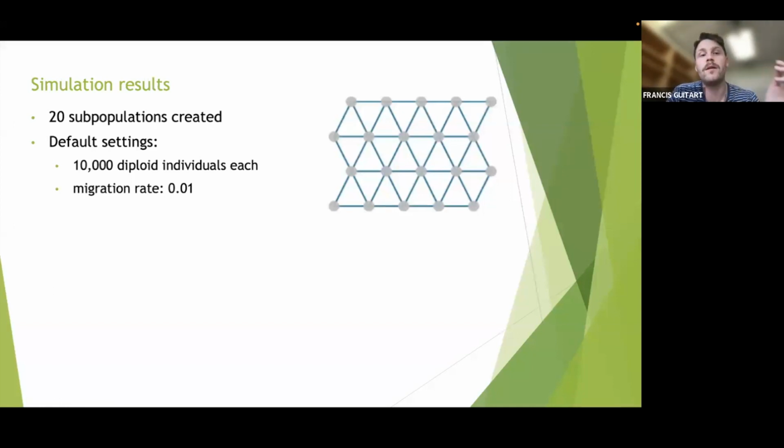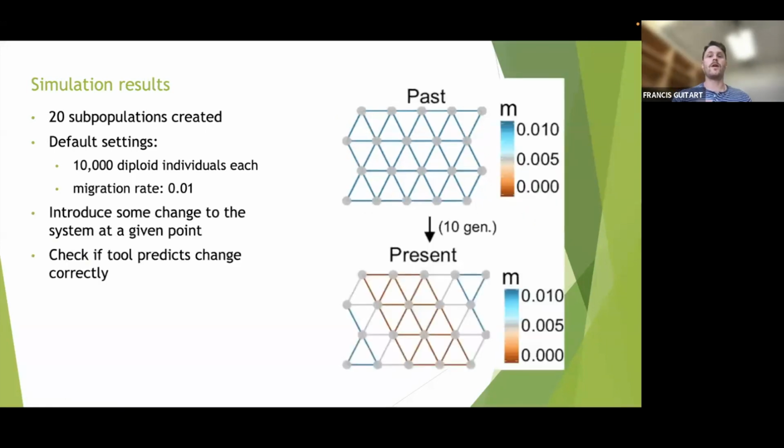They start with this baseline, and then in different simulations, they introduce some event that suddenly changes the migration or the population size. In this example, I am showing a situation where at around 10 generations, they have this sudden decrease in migration.